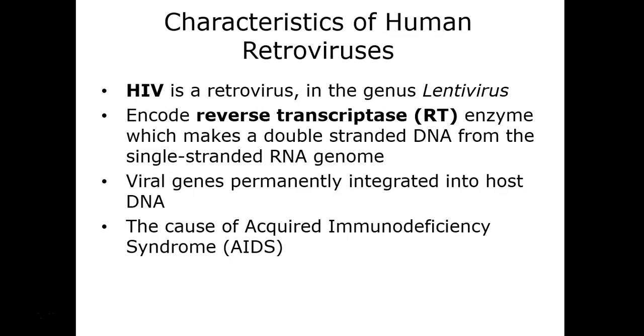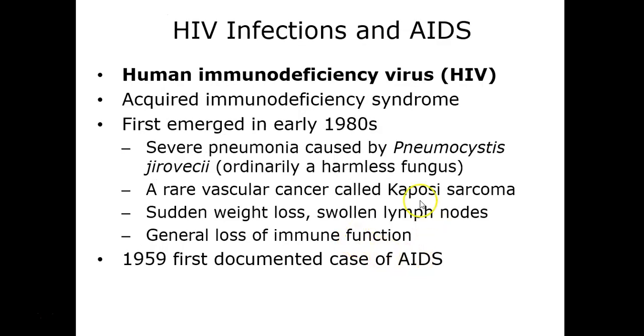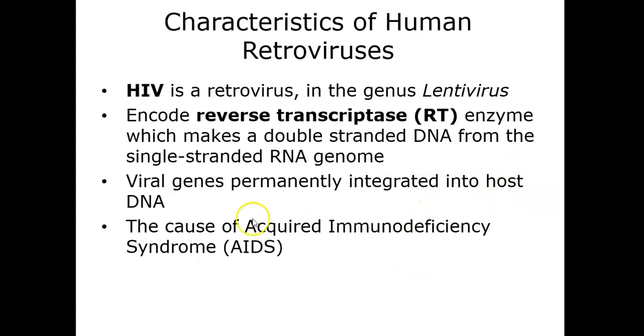Well, if we lose those control checkpoints, your cell cycle spirals out of control, and you get this massive production and proliferation of cells. This is what we know as cancer. So HIV is also able to, as we mentioned earlier, cause cancers such as Kaposi's sarcoma from the loss of this cell cycle control as the virus integrates into the host cell chromosome.